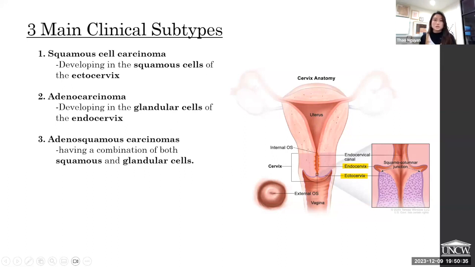And finally, adenosquamous carcinomas, which have a combination of both squamous and glandular cells. But this is the rarest of the 3 types, with squamous cell carcinomas being the most common. And as Madison mentioned previously, about 90% of cervical cancers originate from squamous cells.